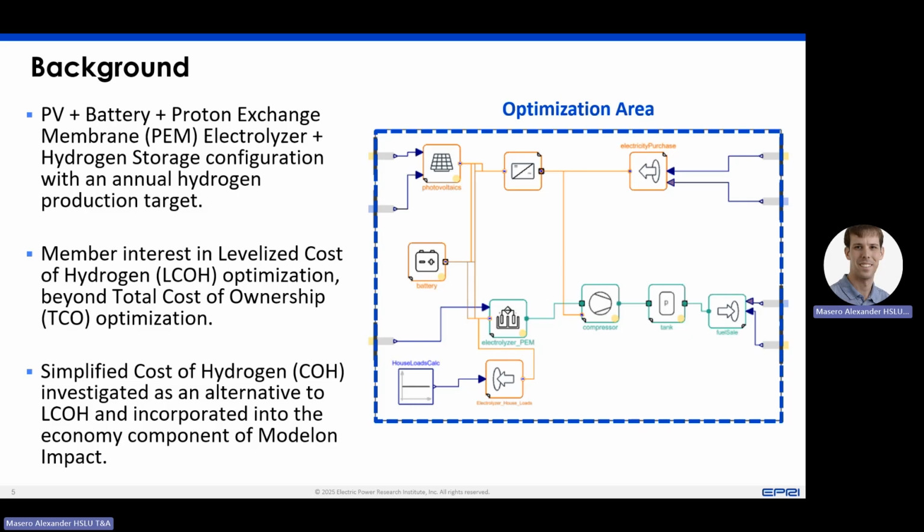Typically when we do these optimizations, we optimize for total cost of ownership within Modelon Impact. But we had a member come to us who was interested in levelized cost of hydrogen, and they wanted to know if we could use that as a target to optimize the model to minimize it.